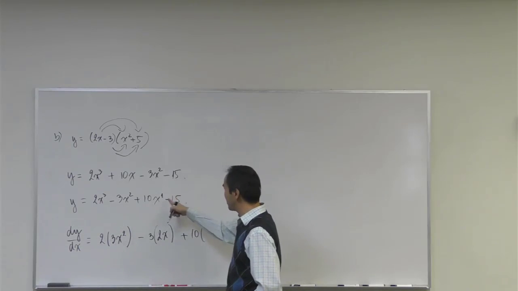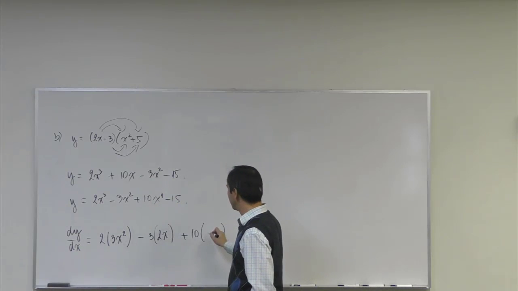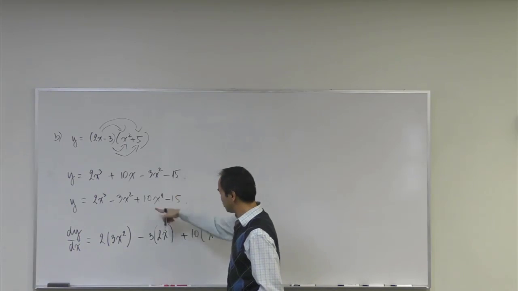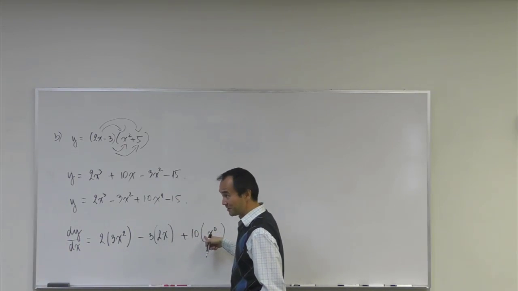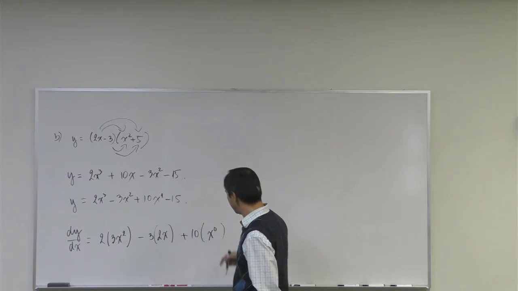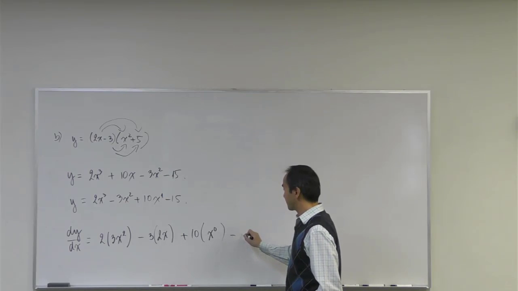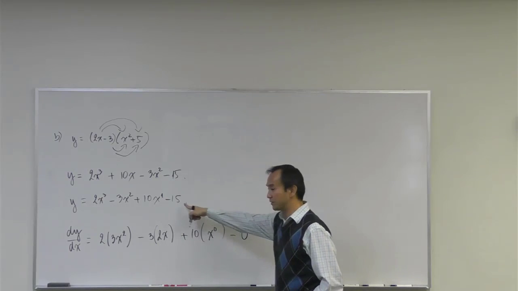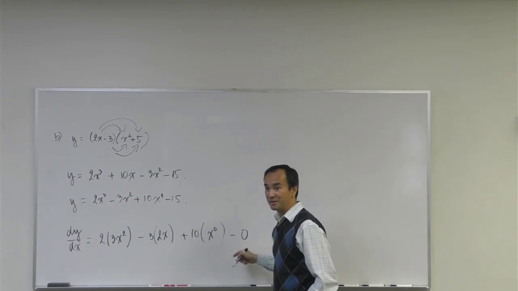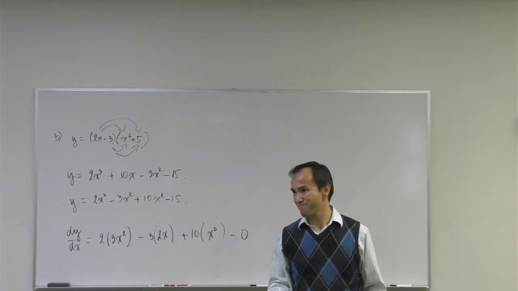Breaking down the power, it's just going to be x to the 0 power. Multiplying the 1 down, we don't need to write it. And then the derivative of the constant term is 0. Are you all still following?